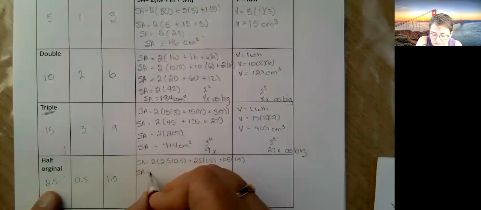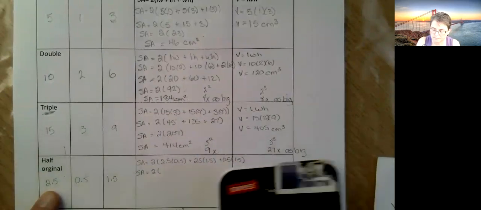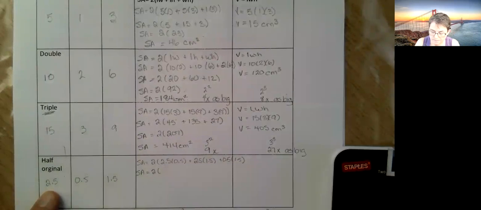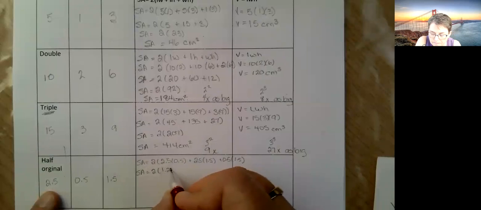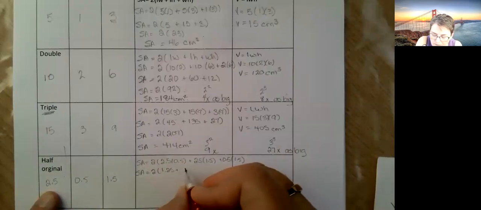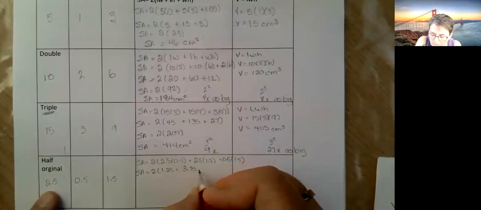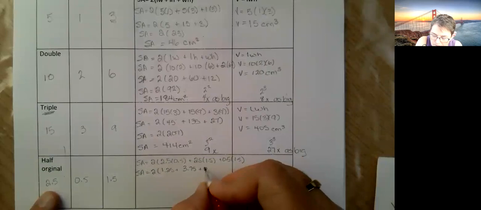Surface area is equal to 2.5 times 0.5 is 1.25, plus 2.5 times 1.5, 3.75, plus 0.5 times 1.5, 0.75.